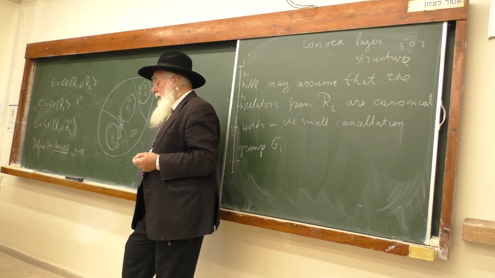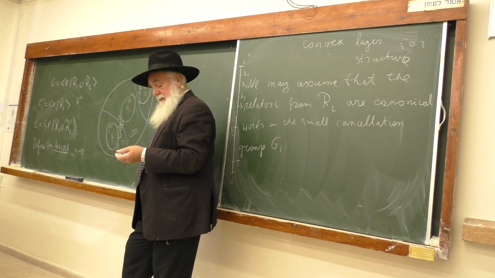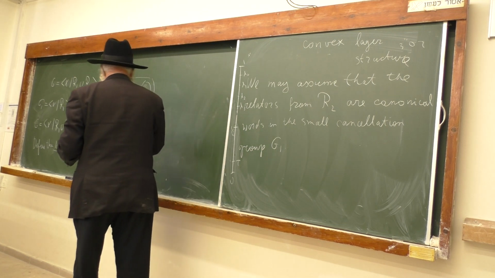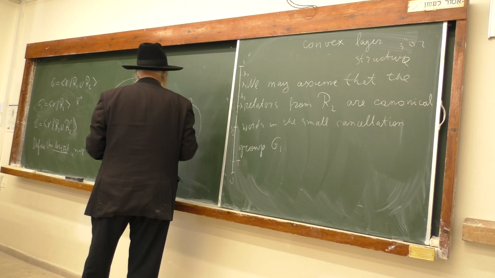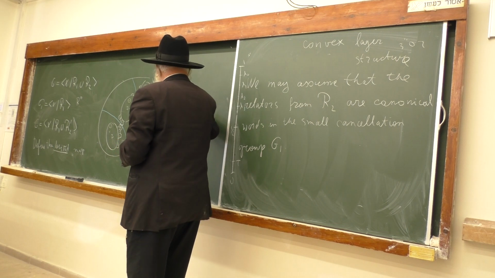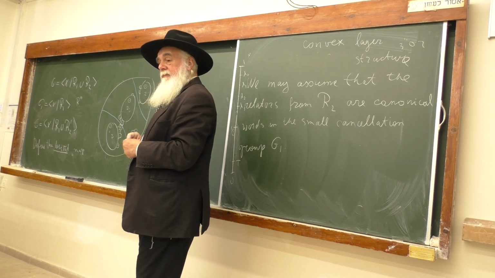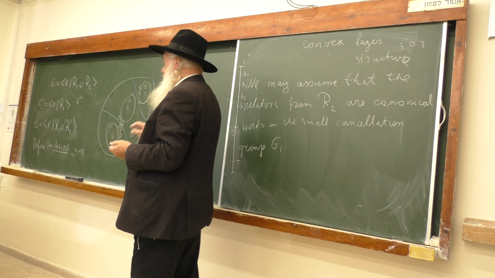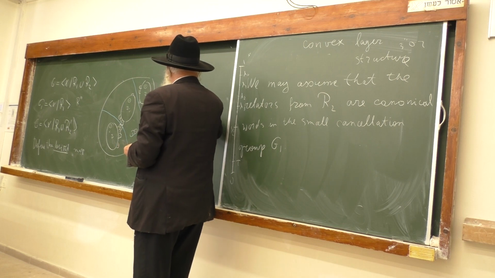Now we assume the following, that if we have a small region, that one of its sides is on the big cell and it has other sides on the small cells. So we need at least 5. So if one of its boundaries is on the big side, then it has at least 5 of the other.